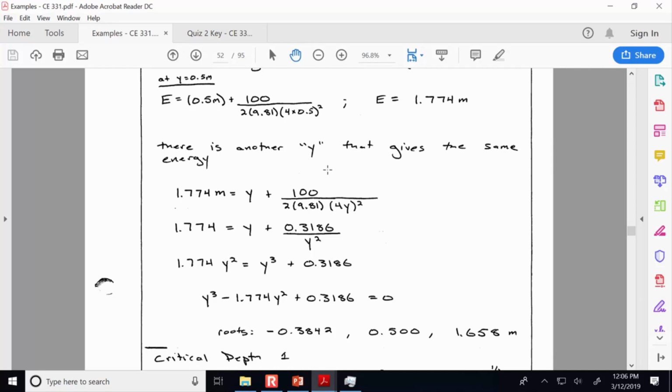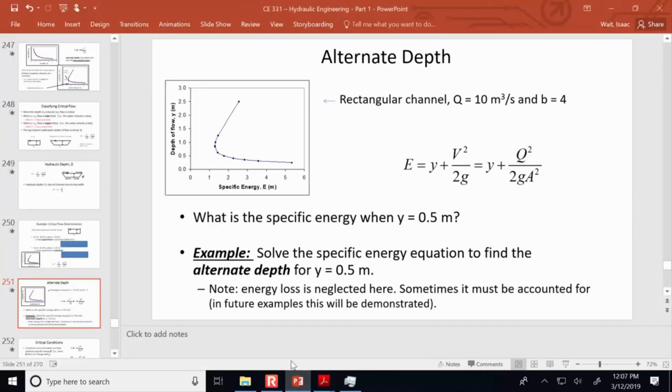Any questions about alternate depths? One thing that we didn't account for was any sort of energy losses as the water goes from a transition from a supercritical to a subcritical depth.